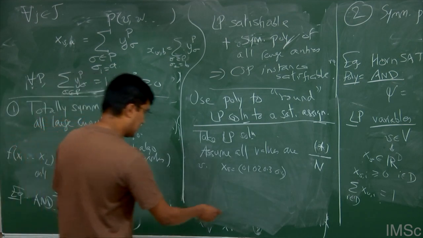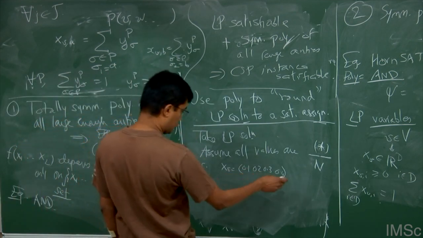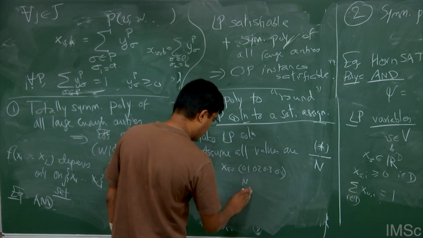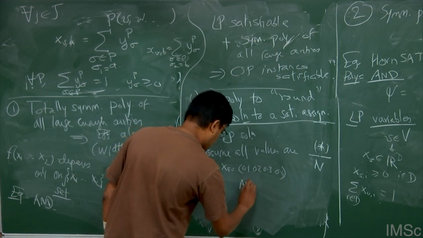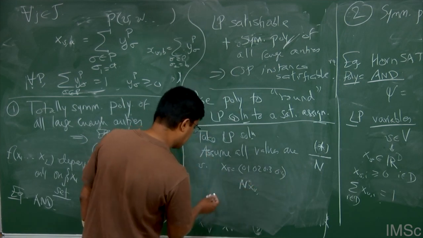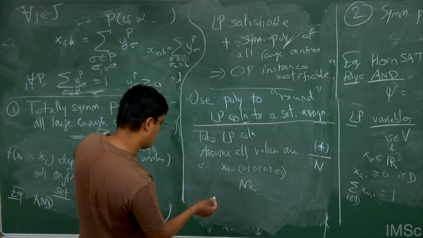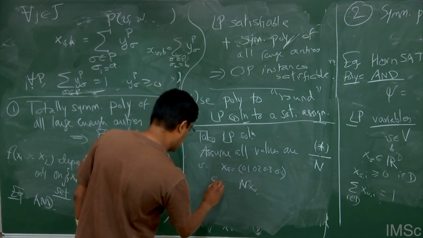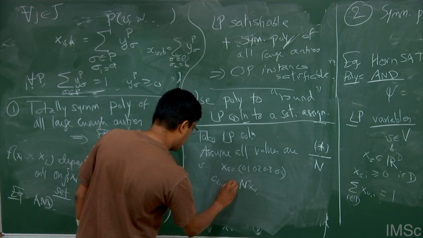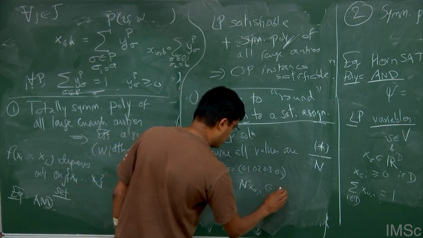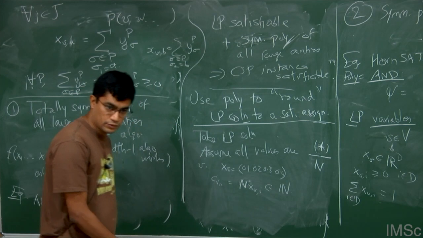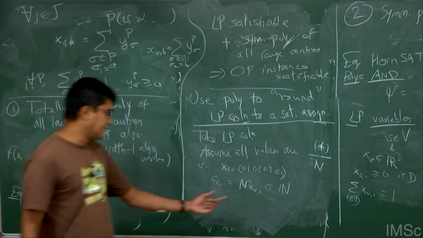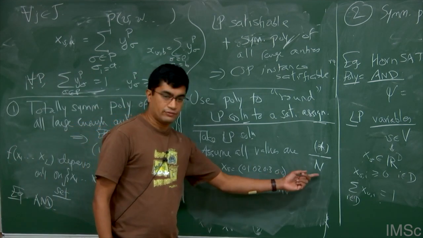So now basically I will round it up to n times 0.1. Let me define some frequency count, c_vi, to be n times x_vi, which is now going to be a natural number. This is an integer because I have assumed that all the entries have denominator n.